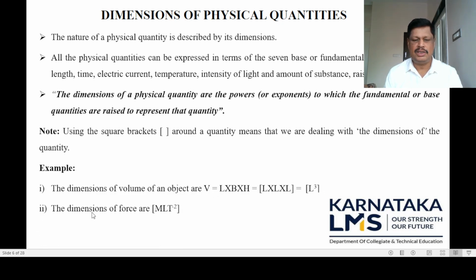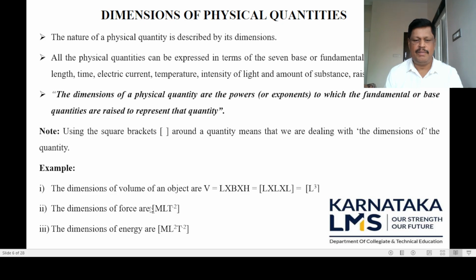Similarly, the dimensions of force are square bracket M raised to the power 1, L raised to the power 1 and T raised to the power of minus 2 and the closing square bracket. Similarly, the dimensions of energy are represented by M L square T to the power of minus 2.